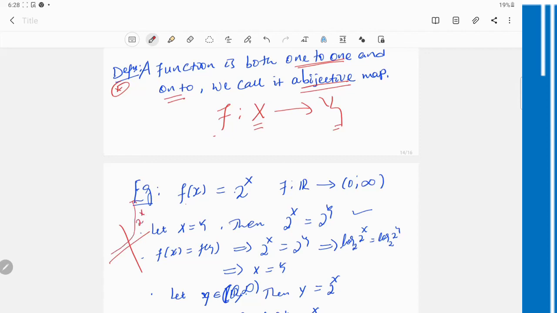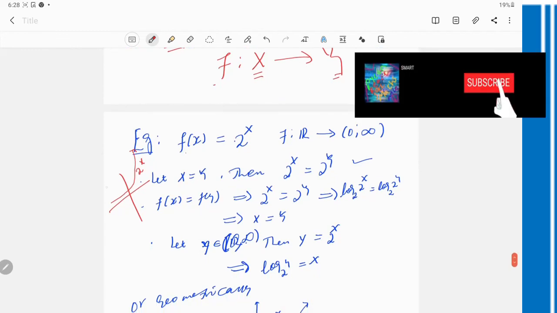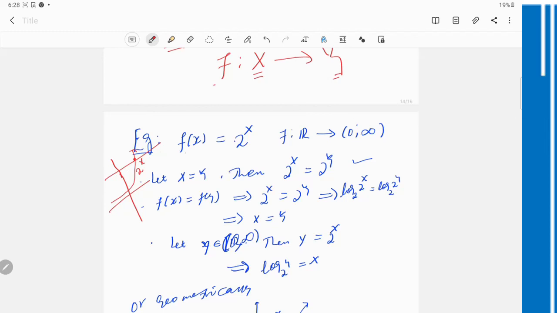As you see, if you use geometry, the vertical line and horizontal line test, the line crosses the graph at exactly 1 point, and if you draw the vertical one also, the line crosses the graph at exactly 1 point. That means this function is a bijective function. So this is a geometric proof, but we can prove it algebraically also.